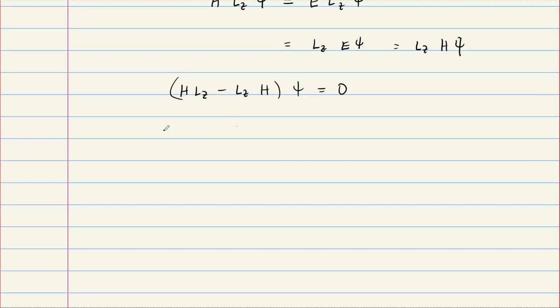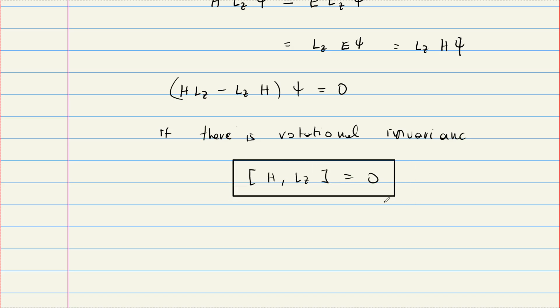Then if there is rotational invariance, we have the commutator [H, Lz] equal to 0. And another way to say there's rotational invariance is to say that's the commutation relation. If there's this symmetry, yes.